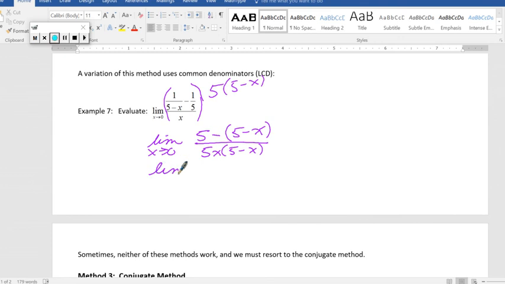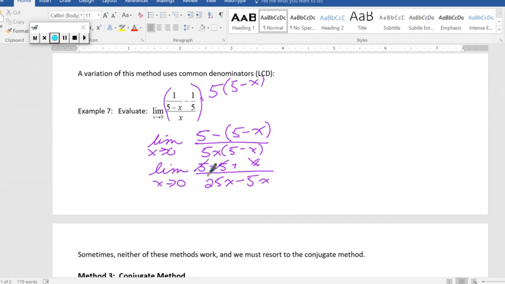Distributing the negative on the top, keeping my limit notation, I get 5 minus 5 plus 5x all over, let's see, over here, oh, not 5x, I don't have the 5, plus x, all over, let's see, 25x, and that was a minus there, minus 5x.